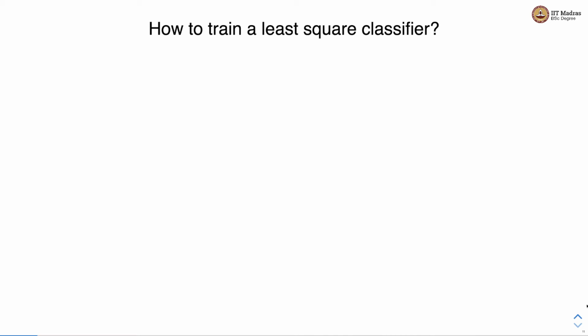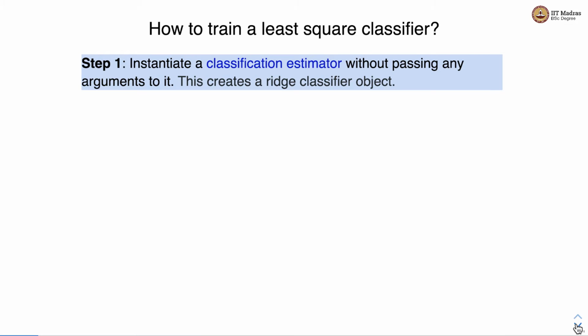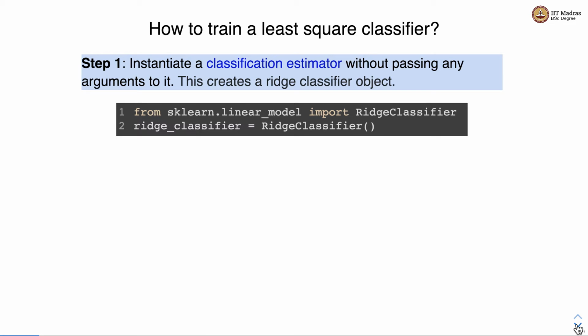Let's see how to train a least square classifier. We first instantiate a classification estimator without passing any arguments to it, which creates a basic Ridge classifier object without any customization. This uses all the default parameters. So Ridge classifier can be imported from sklearn.linear_model.